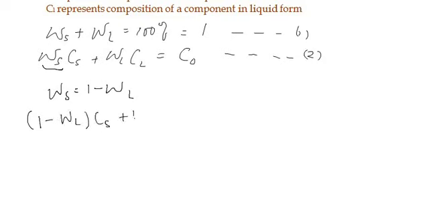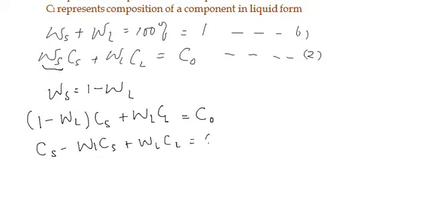cs plus wl cl is equal to co. So from this, you can have cs minus wl cs plus wl cl. Note that wl cs is not the same as wl cl.